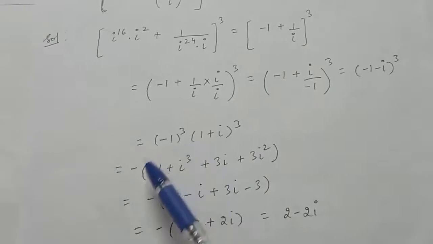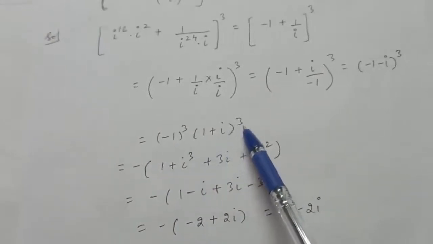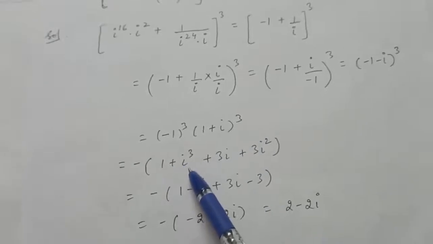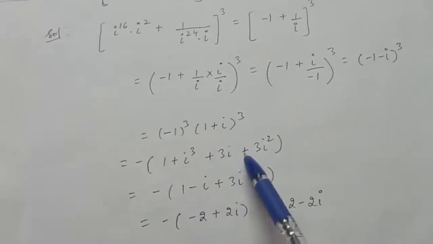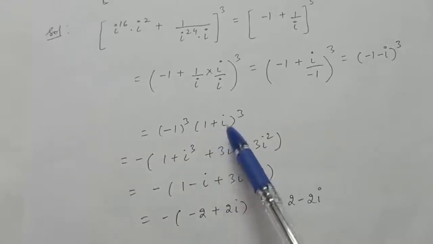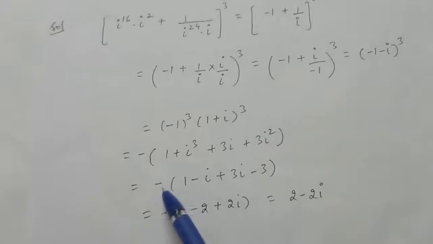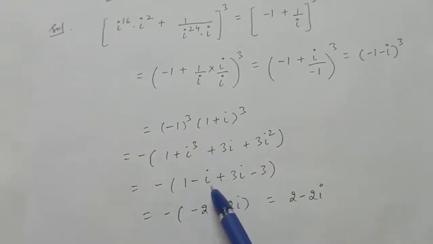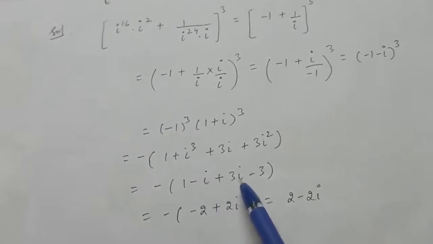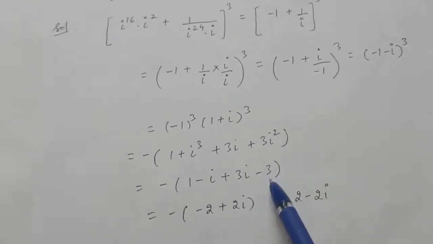Now minus 1 cube is minus, into, solve this (a plus b) whole cube, which is a cube plus b cube plus 3a square b, that is 3 iota, plus 3ab square, which is 3 iota square. So you will get minus of 1, iota cube is minus iota, plus 3 iota, iota square is minus 1, so you will get minus 3.